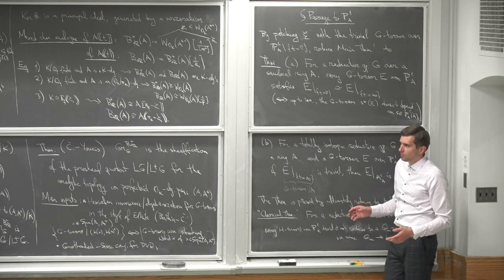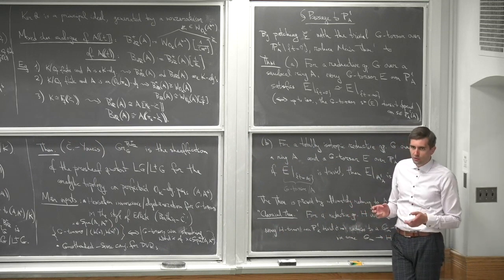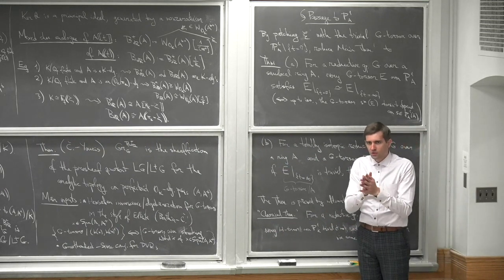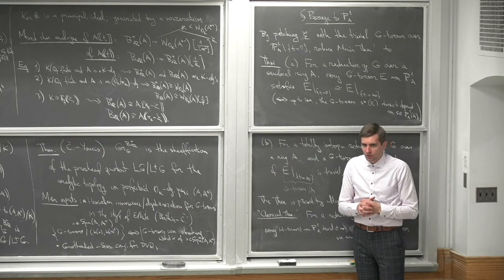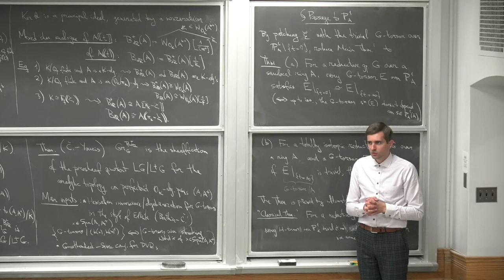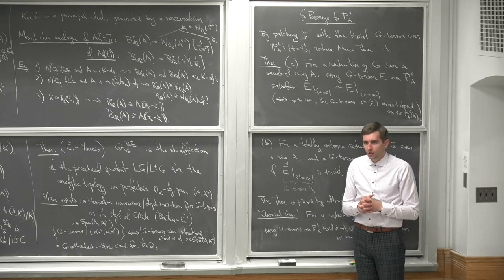And then there's another paper about torsors on the Fargues-Fontaine curve. I don't precisely remember the journal, but its title is something like classification of G-torsors on the Fargues-Fontaine curve.